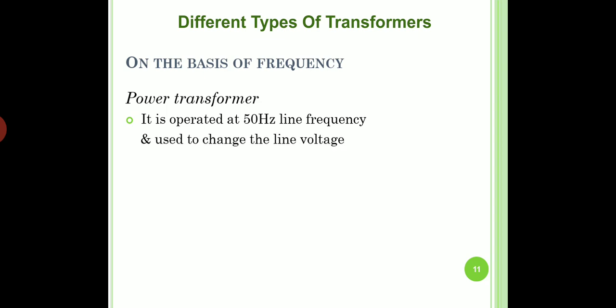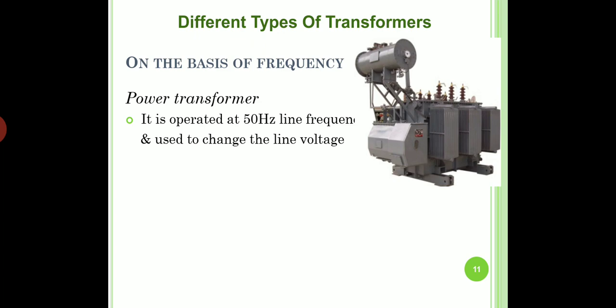They are used to change the line voltage, as I was talking to you about a little before. In the transmission of electricity to our households, we know it is three phase, and that will be at 440 volts, and we all operate at 220 volts at household voltages. So that is a step down power transformer, and we know how it looks. Most of you might have seen this.